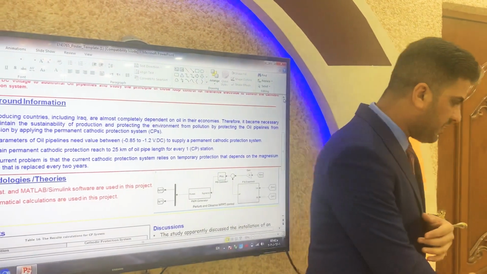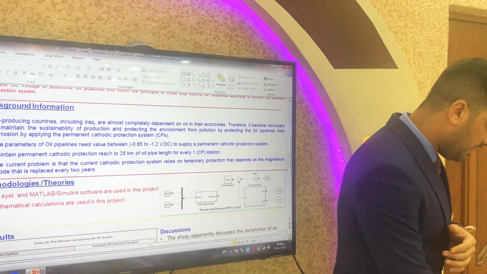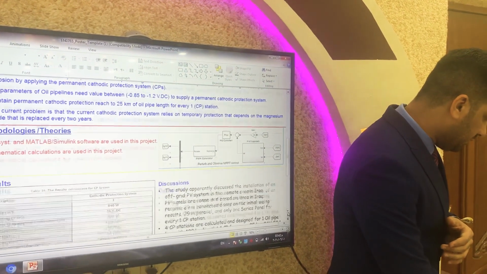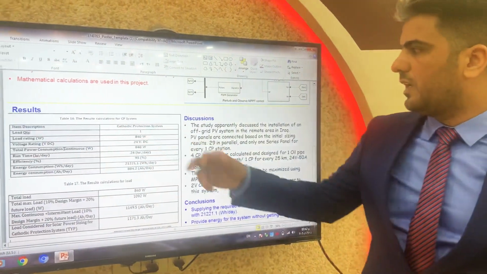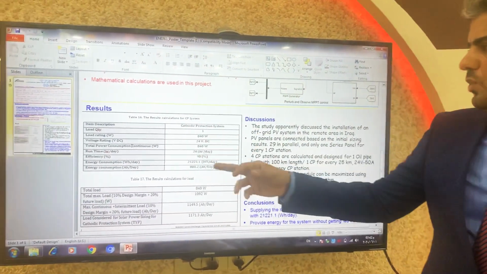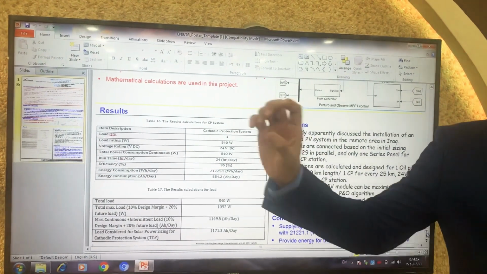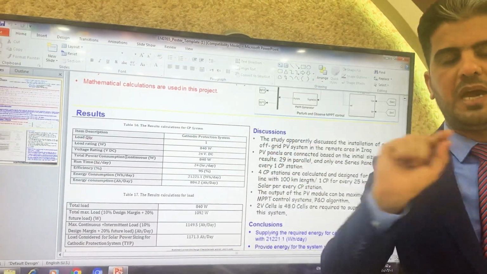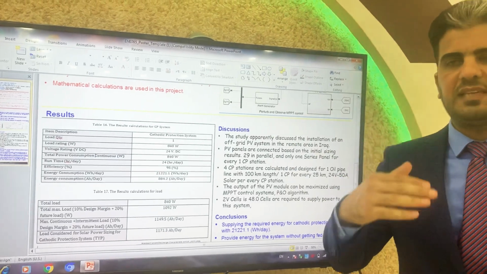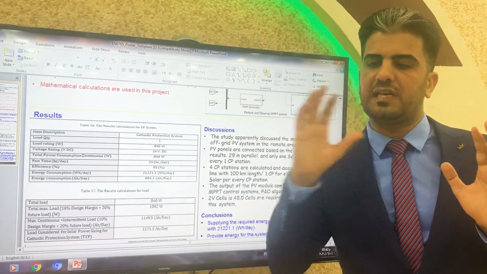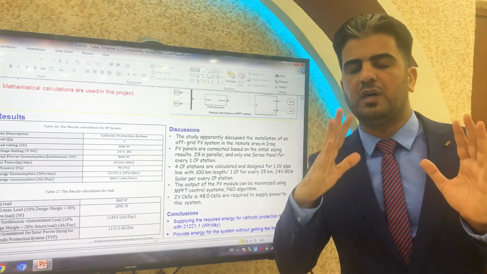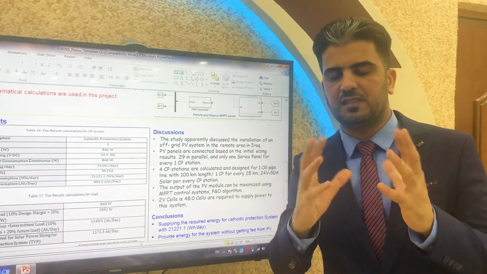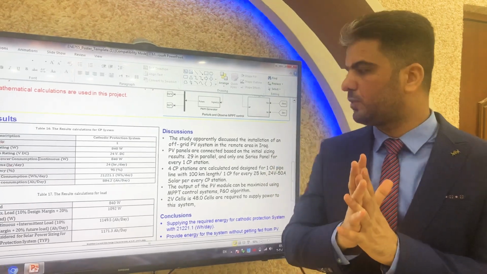So, the results. This table shows the calculation for the CP system. The load quantity is 1, because I have just one pipeline of 100 kilometers. As I said, for every 25 kilometers I should install and design one PV and cathodic protection system.